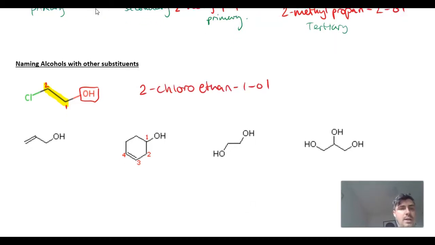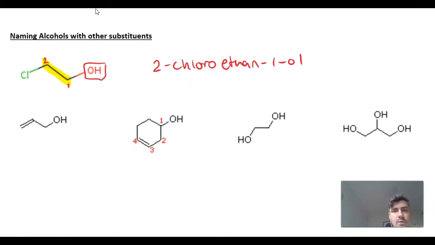Okay. For the next one, we've got an alkene. So once again, we're going to start labelling from the functional group, the alcohol group. So it's going to be 1, 2, and 3. They're all carbons. And so because it's an alkene, we have to say which carbon it's between. Now it's between the 3 and the 2, so we're going to say it's the 2.